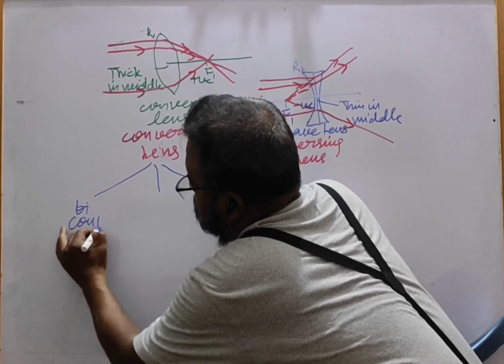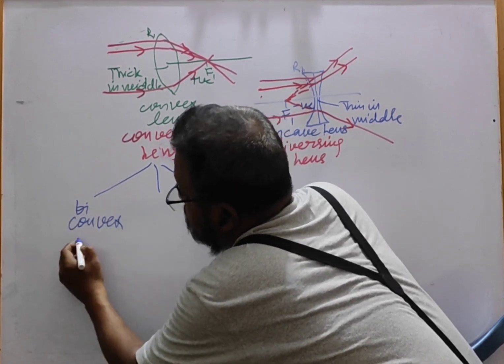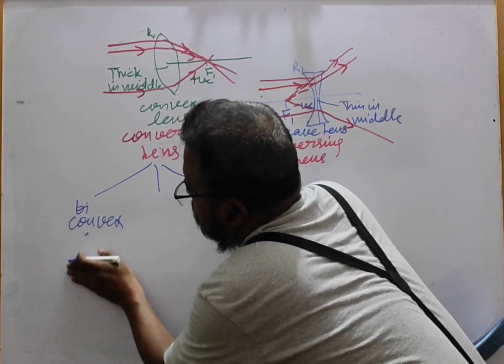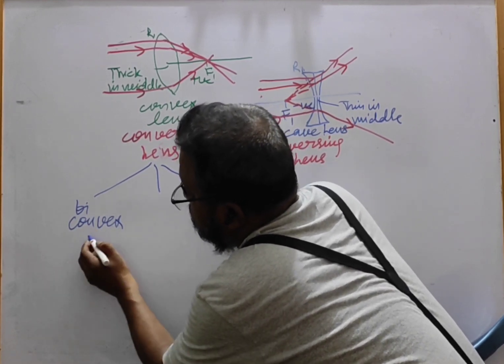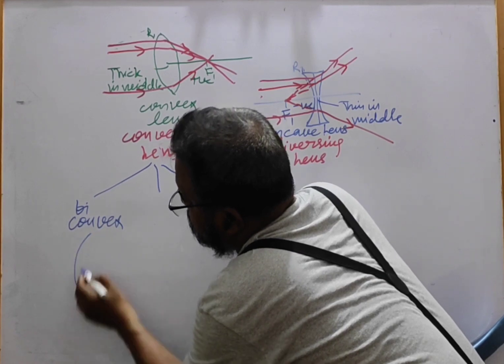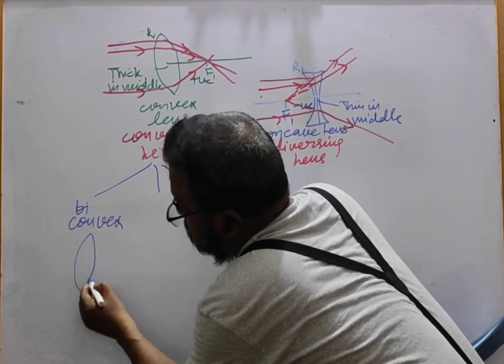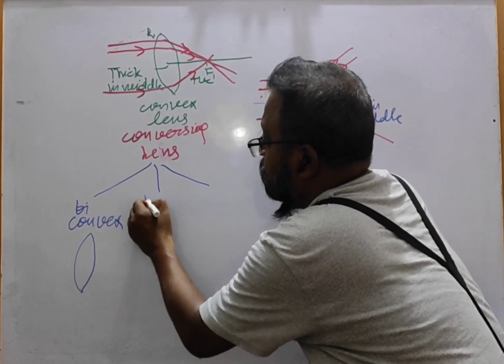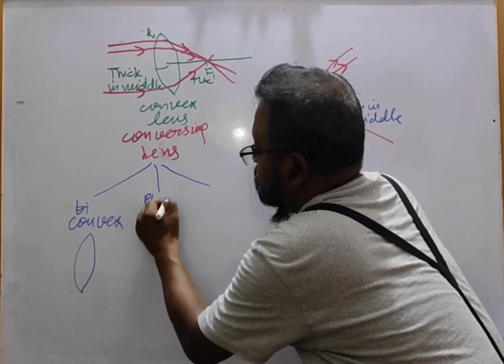Biconvex means when both the surfaces are bulged out like this. It is called biconvex. Then we have plano-convex.